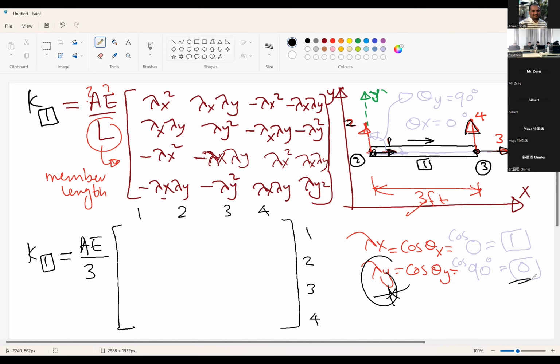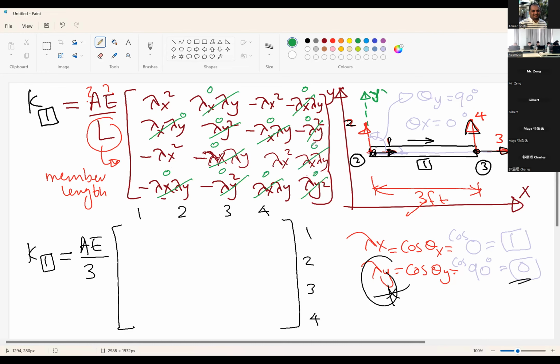So we are looking only for terms with lambda x. All of these will be 0, because they are multiplied by lambda y.